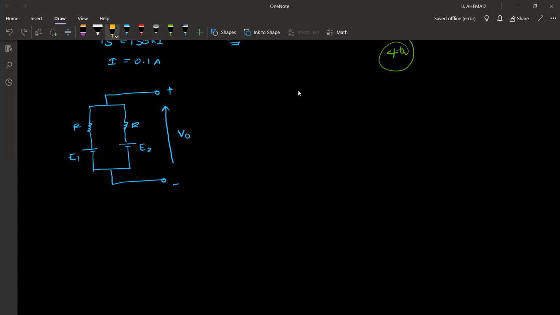Okay, we don't know which one is larger. I'll consider E1 is greater than E2. Now, have I got an idea what to do next?